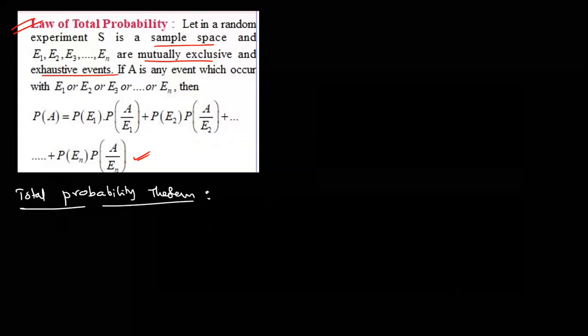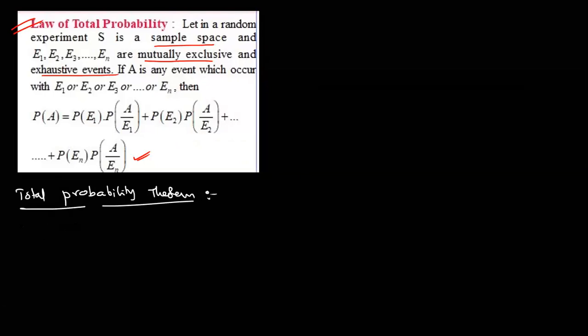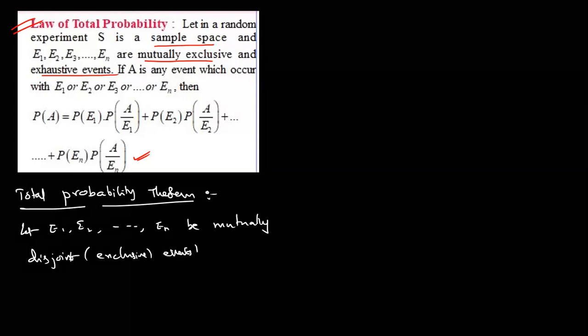Let E1, E2, E3 and so on, En be mutually disjoint, that is, exclusive events that form a partition. Better I will express it with a diagram, dear students.